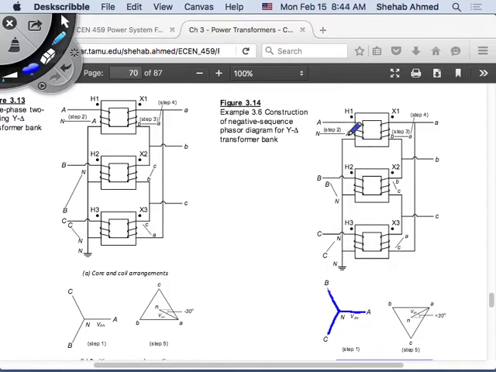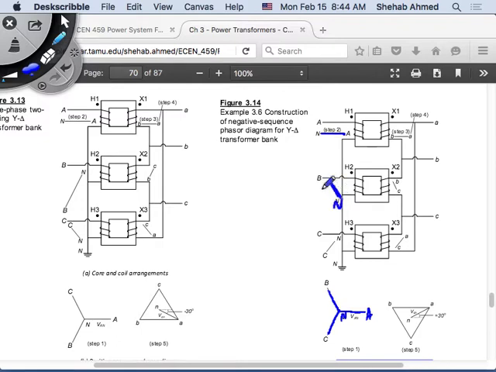So this is my primary side. It's connected in star. I apply negative sequence in this case. So neutral is here, A is here, and then C. So on this phase A, neutral is to the left, A voltage to the right. And then on phase B, it is in phase with this phasor that I have here.